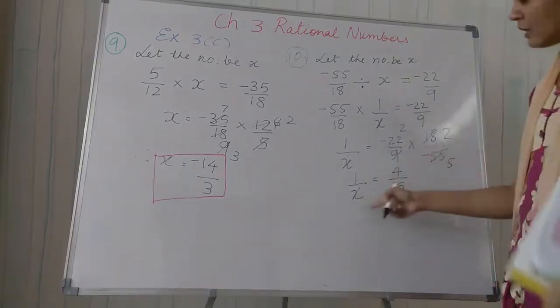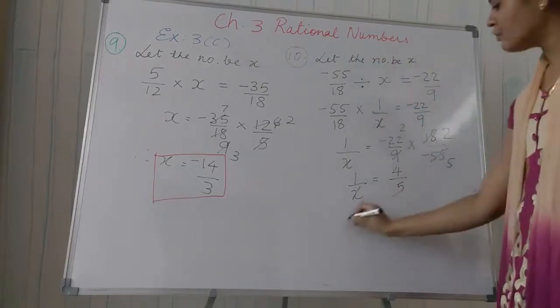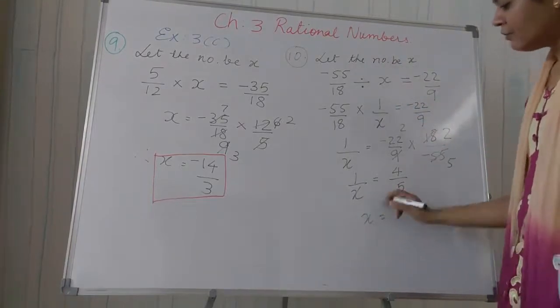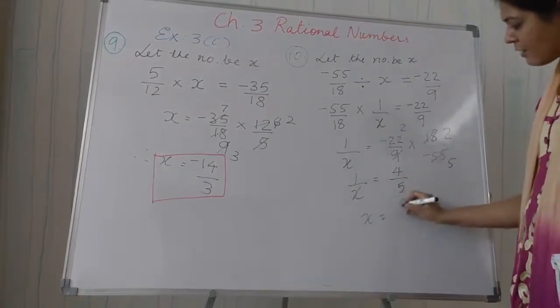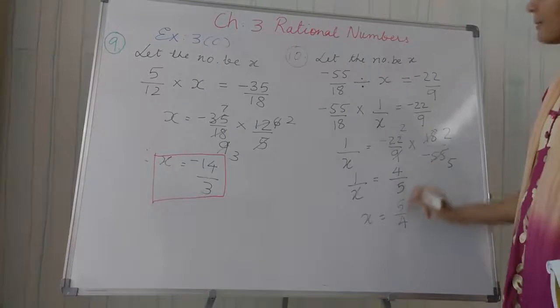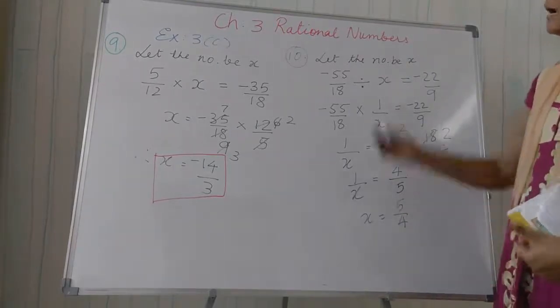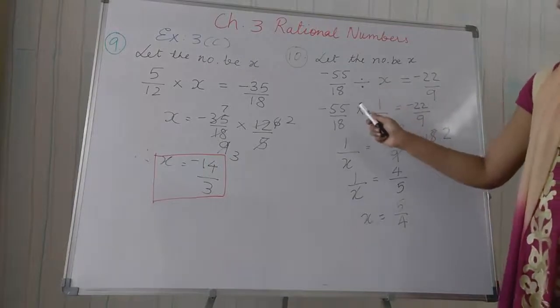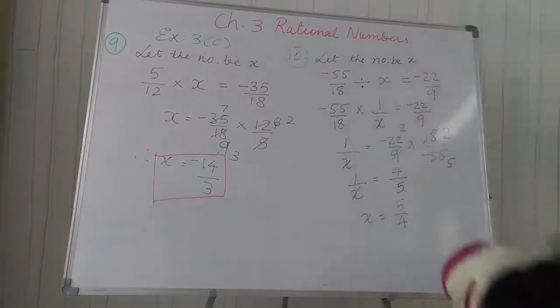But we want the x value, because we have supposed it as x. So for that we have to take the reciprocal again, so it is 5 by 4. This is the number by which, if we divide the given number minus 55 by 18, we get minus 22 by 9.